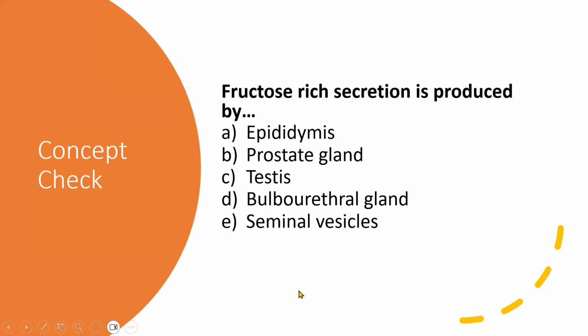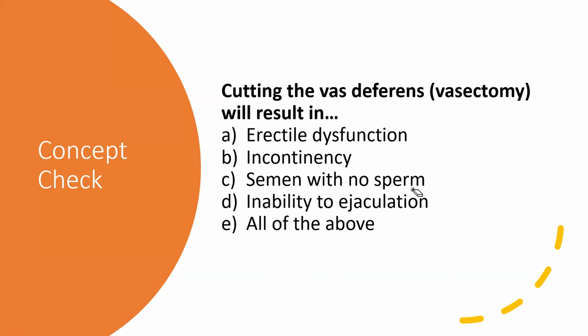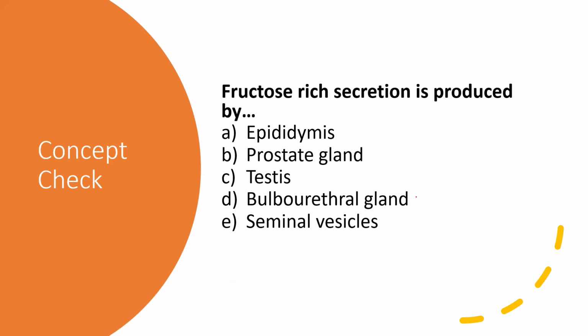All right, just a couple questions here. Fructose, which secretion is produced by? Does anybody remember? I know I went through it quite quickly. Bulbourethral gland? No, that's the one that flushes the urethra and lubricates the penis. Remember, that's the thing that comes out first.